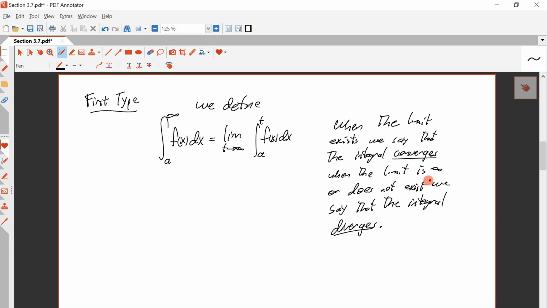Alright, so converges and diverges. Converges means you actually get an answer. Diverges means it's infinite, or the limit doesn't exist.